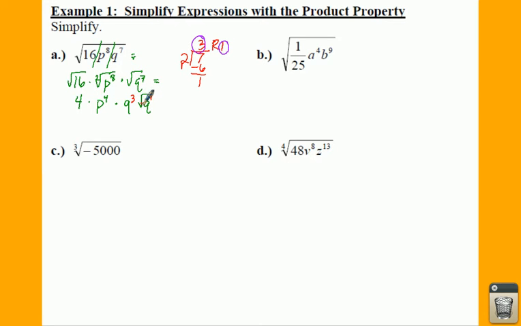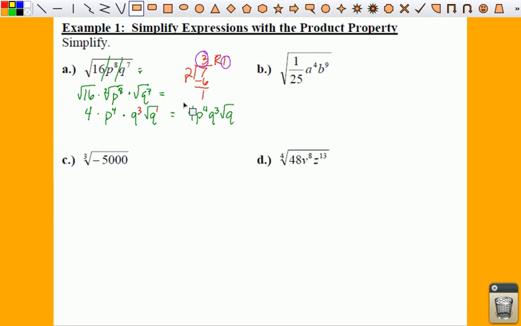So here's your 3, and the remainder, a radical q, is underneath. In your final answer, you combine everything that's on the outside, usually in alphabetical order, so 4p to the 4th, q to the 3rd, and leave whatever's not outside underneath your radical. So your final solution is 4p to the 4th, q to the 3rd times radical q.